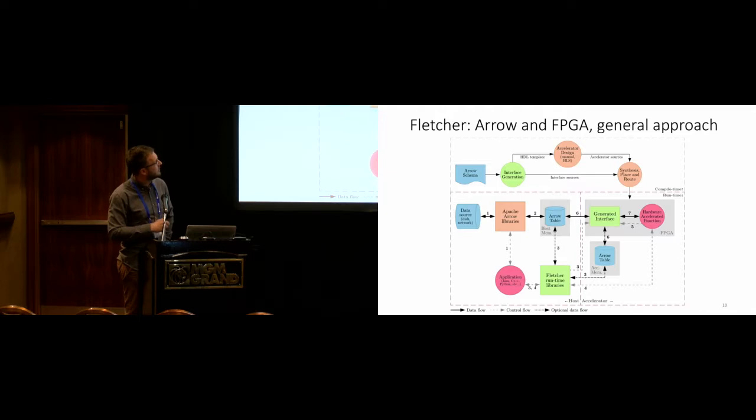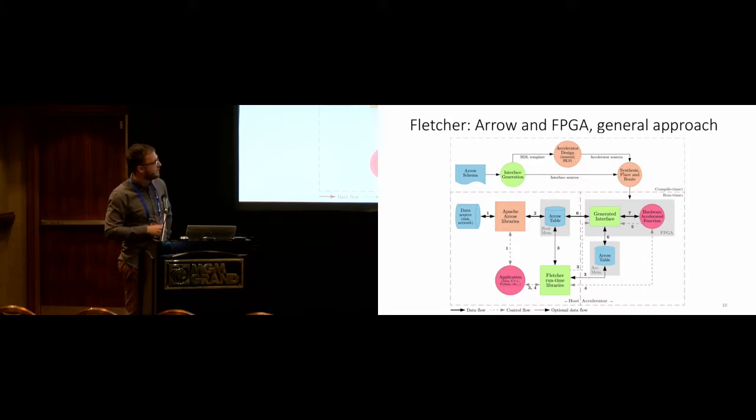You then get an HDL template to which you can add your own accelerator designs. So you could use HLS or manual HDL coding to get your accelerator implementation. Then you combine these together, synthesize, place, and route. And that's what you do during compile time.